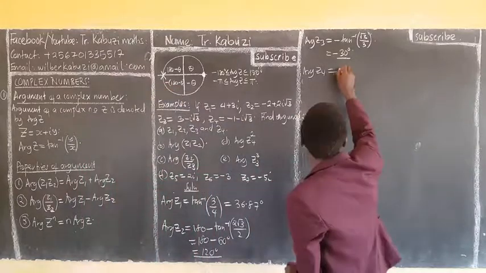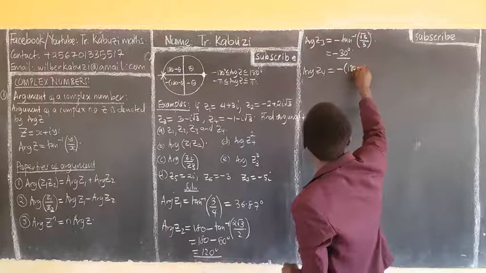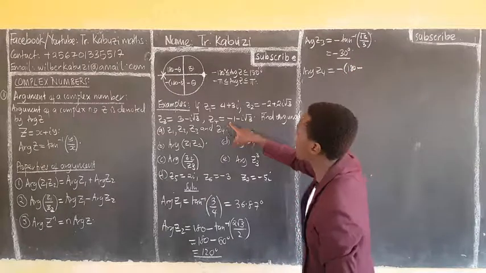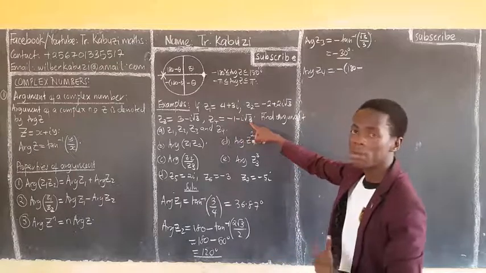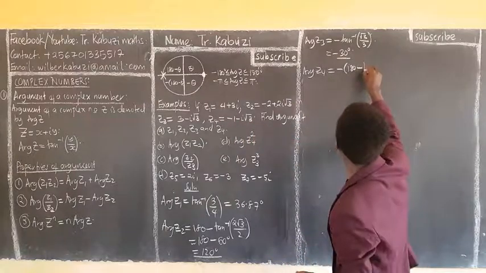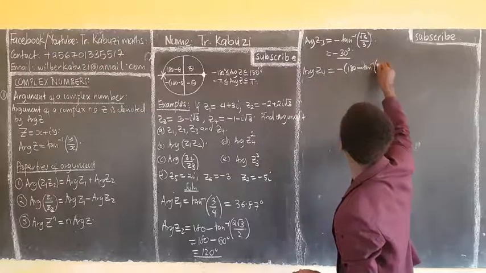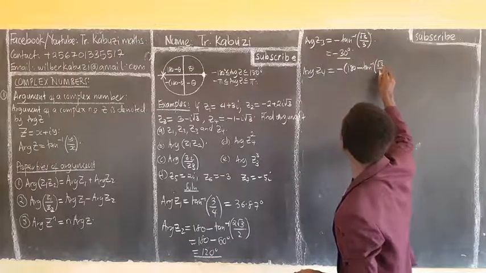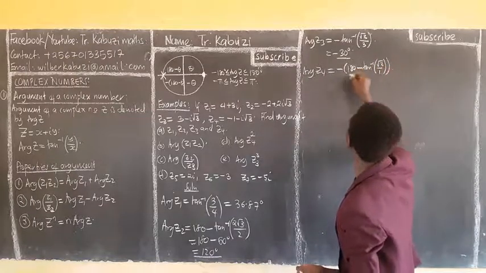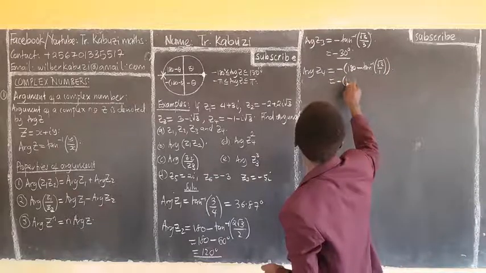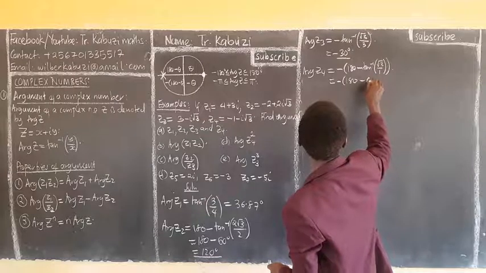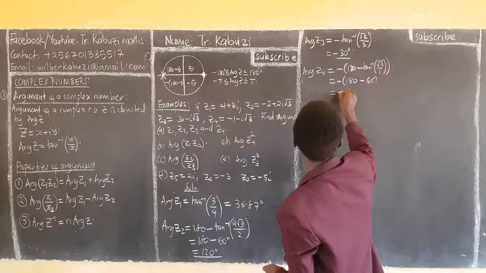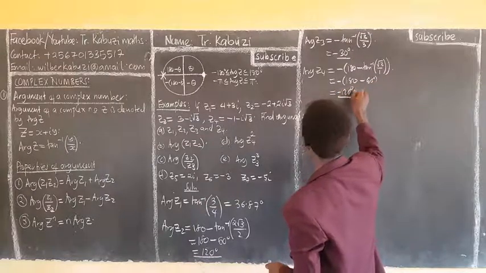You get negative of 180 minus the acute angle, where the real and the imaginary parts are taken as positive. So tan inverse of root 3 over 1, which gives you negative 180 plus 60 degrees, which gives you negative 120 degrees.